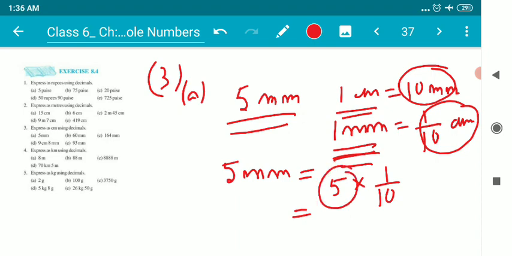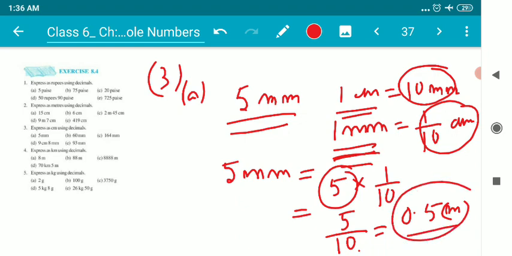So 5 into 1 by 10 means 5 by 10. As there is only 1 zero, the point will come before 1 digit. So it will be 0.5 centimeter.